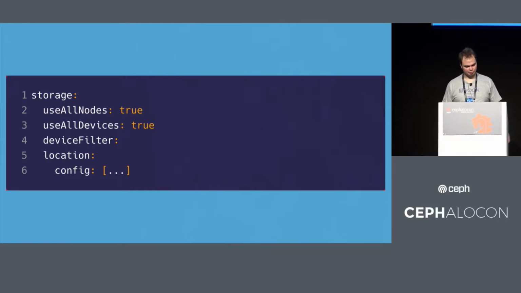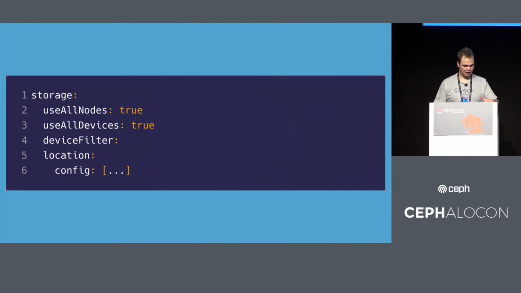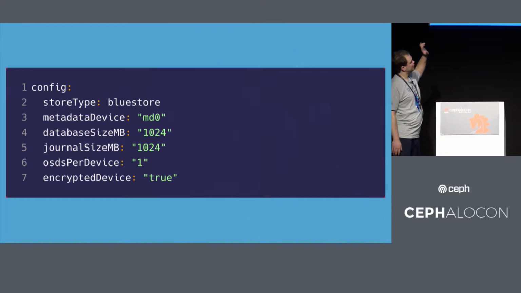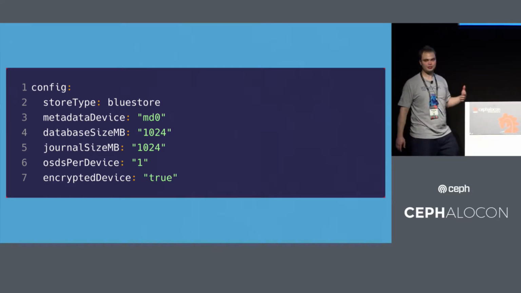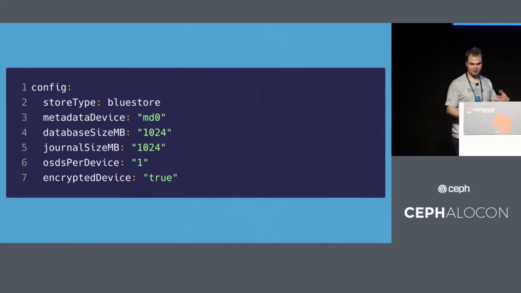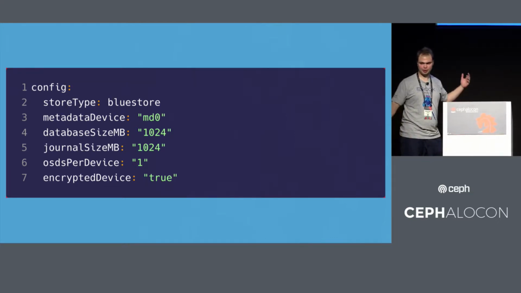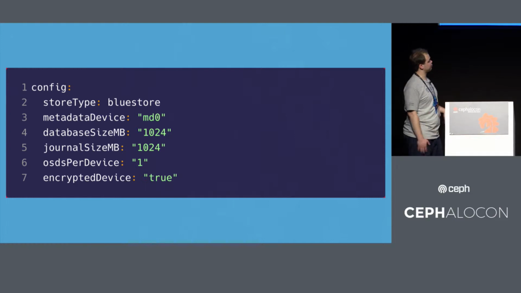And, well, after that, we even have some more options, which we're diving into directly now. We have, well, it's already the default to use BlueStore, at least for devices. But you can say, well, I need file store for whatever reason, so, well, set it to file store if you want. You can specify a metadata device.